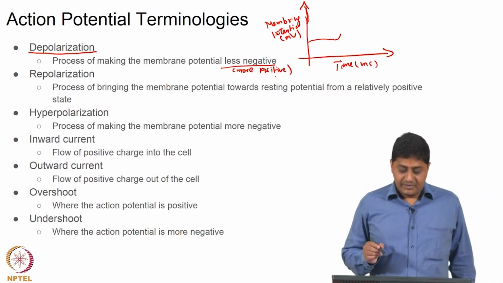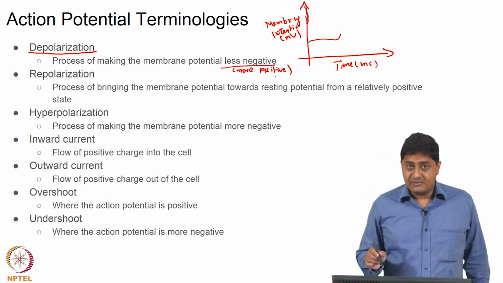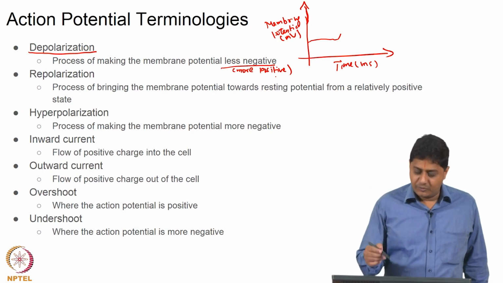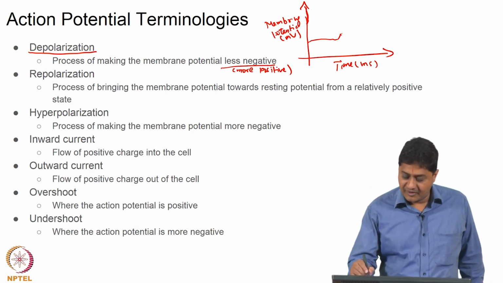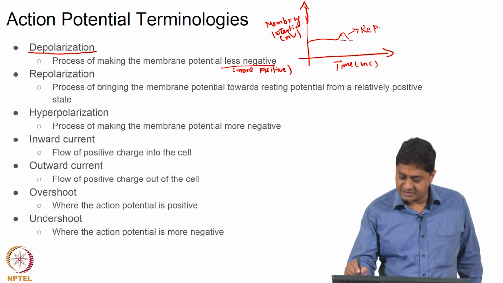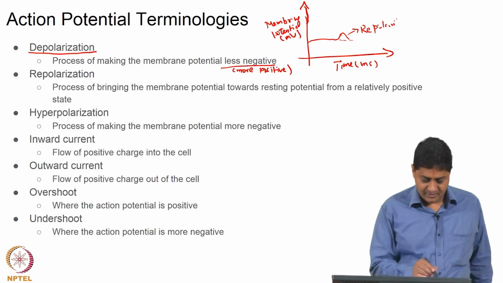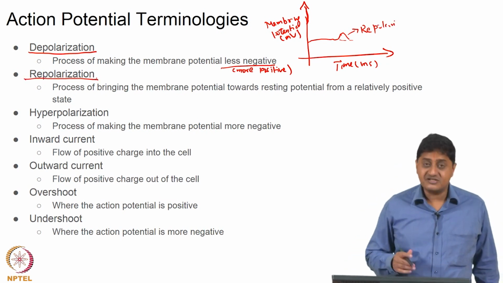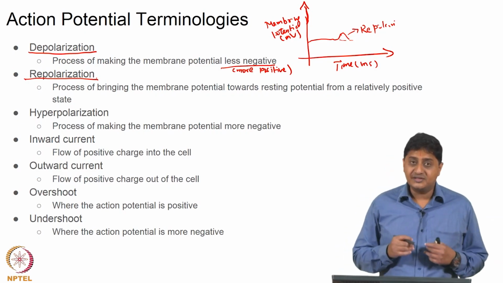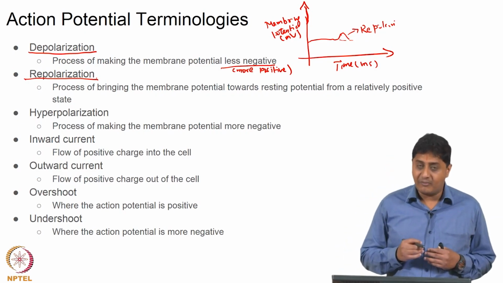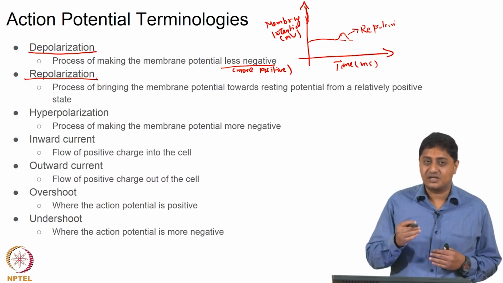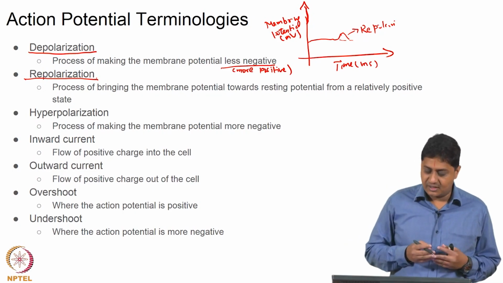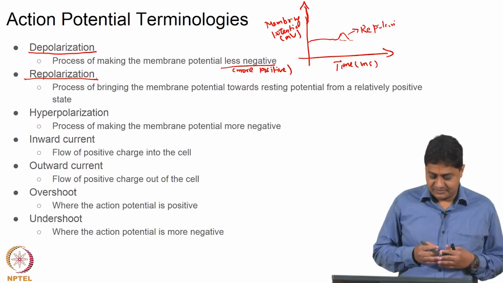Now if I am bringing the membrane potential towards the resting membrane potential from a relatively more positive value, so now it is already more positive, and I am bringing it back to the resting membrane potential, that is repolarization. The process of bringing the membrane potential toward the resting membrane potential from a relatively less negative state or a more positive state is called repolarization.